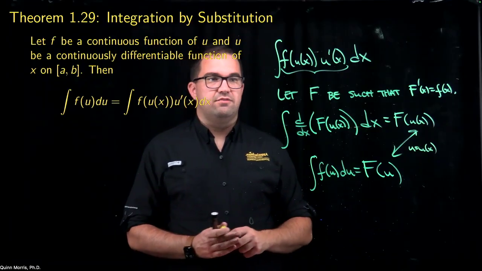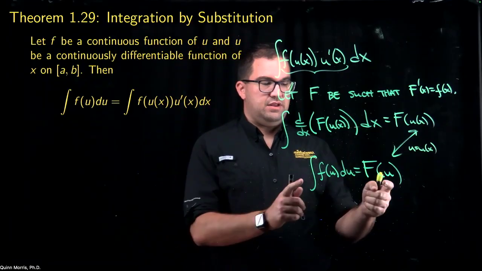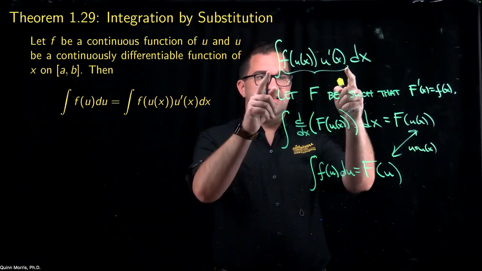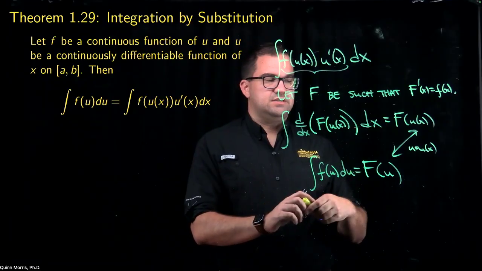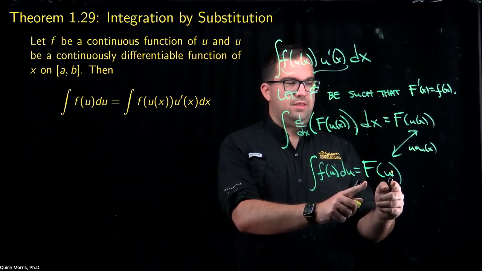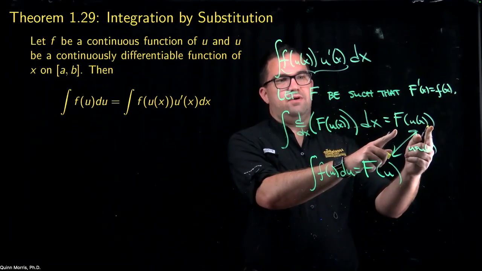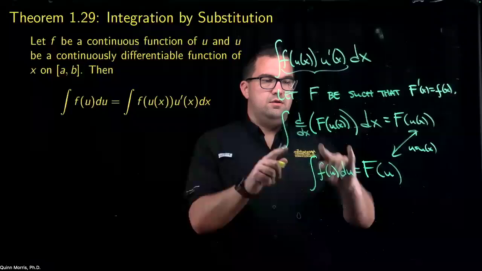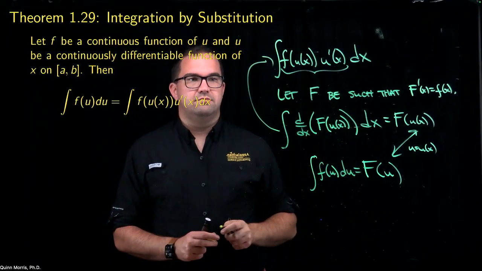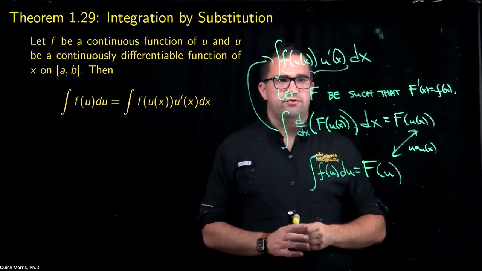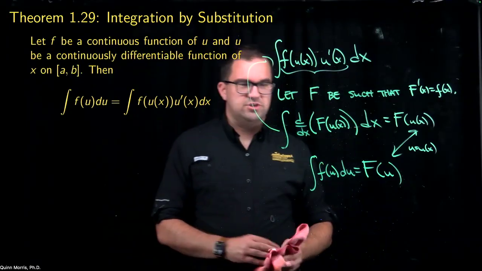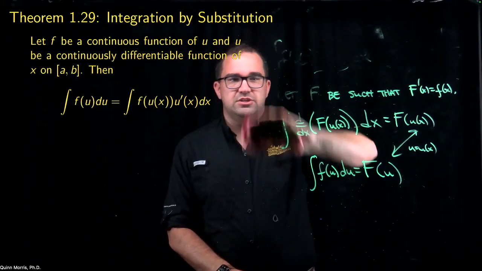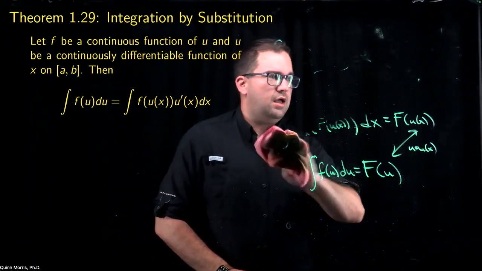So I can think of this problem in either way, and often this is an easier way to calculate things. Because of this connection, this is equal to capital F of u, this is equal to capital F of u of x, and through this equivalence, these are the same thing, but recall that this was just another expression for that integral there.